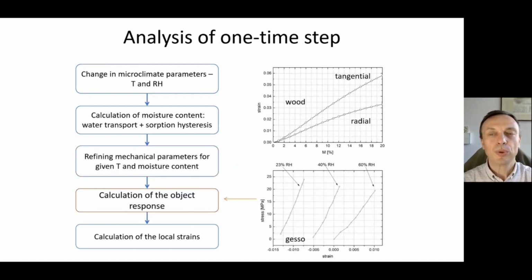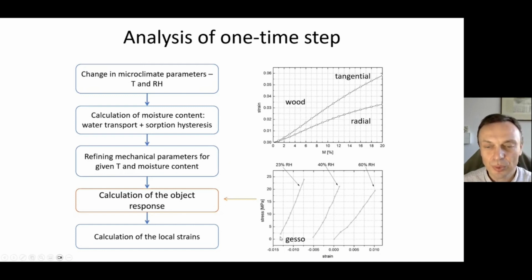Then we need to calculate the mechanical response, the dimensional response, and we use all information about the swelling isotherms for the wood in tangential and radial direction, as well as the swelling isotherms for the gesso.